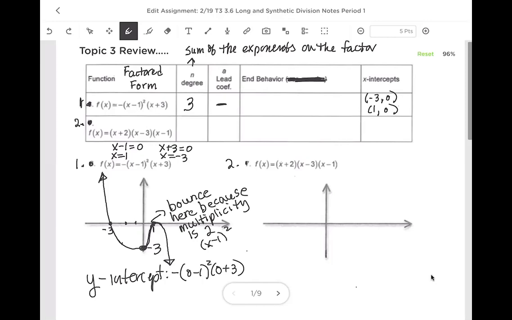We bounce. Now, you're probably thinking, why do I care about all of this when I can just put it in Desmos, right? Well, normally we have a no calculator or a no technology assessment. And we don't this time, right?